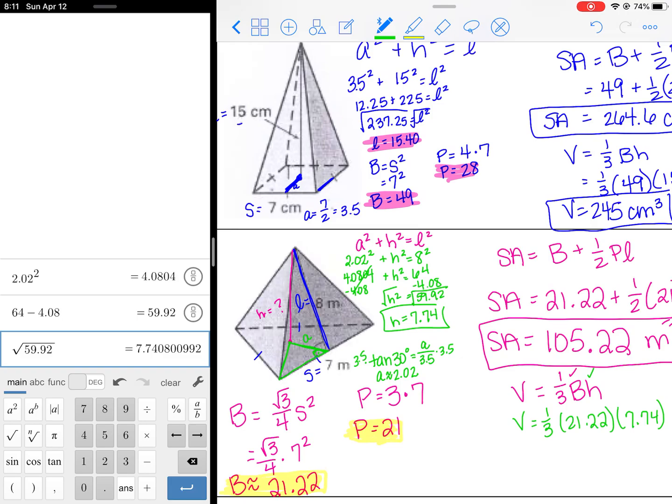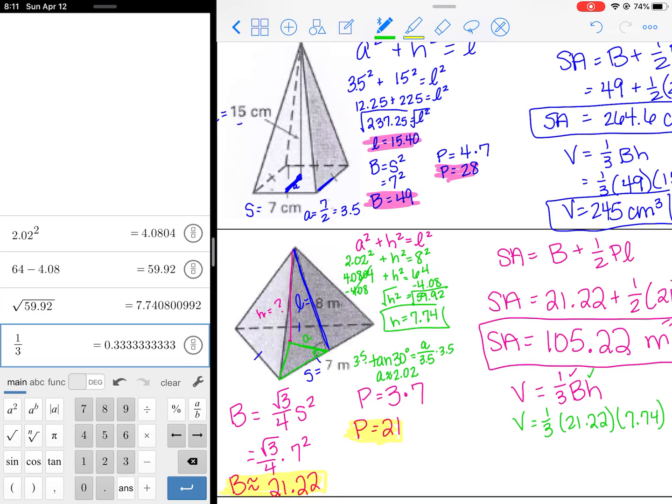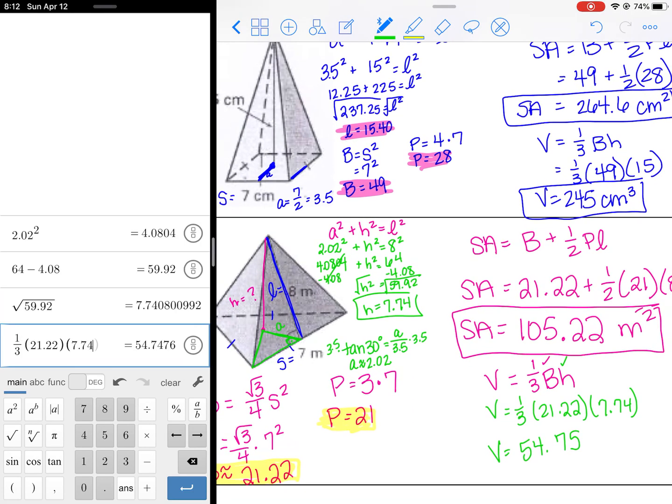So now we're going to multiply this together: 1/3 times 21.22 times 7.74. So the volume of this triangular pyramid is going to be 54.75, and then volume is measured in cubic units, so this will be cubic meters.